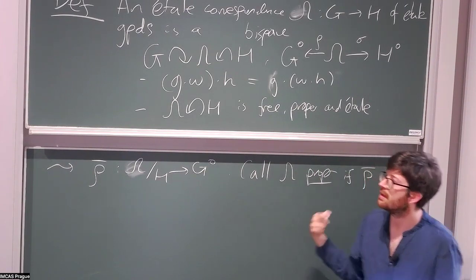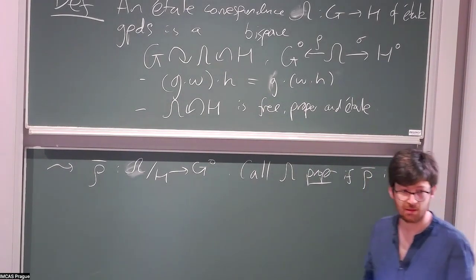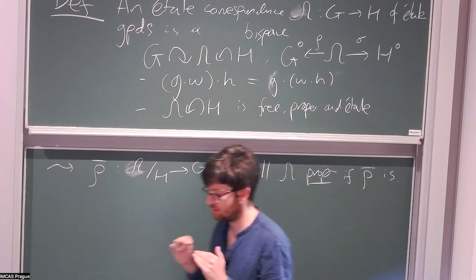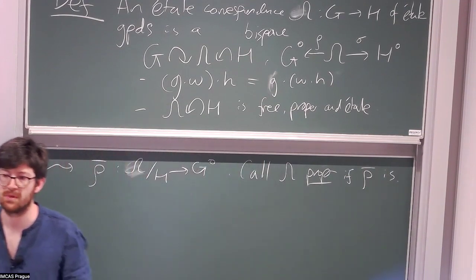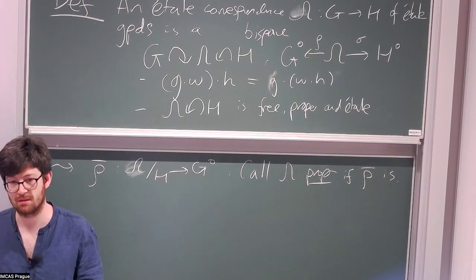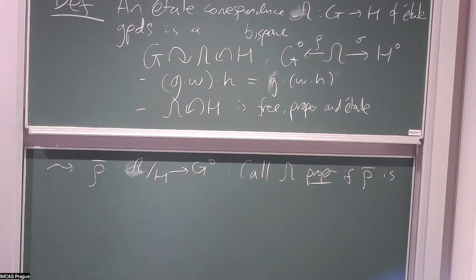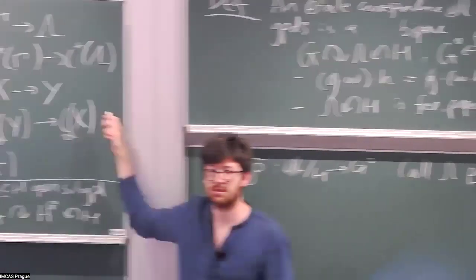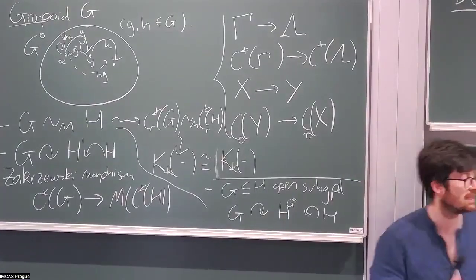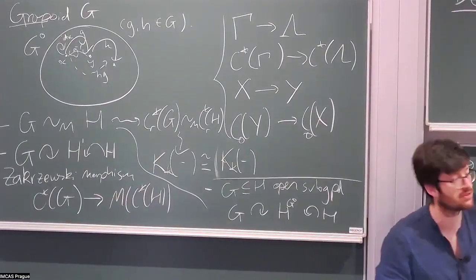This is going to be the analog of a proper map of spaces, which is what gives us something on the C-star level when we take a C-star algebra out of a space. If you have a proper map X to Y, you get a star homomorphism from the C naught functions on Y to the C naught functions on X. And it's exactly the same sort of thing going on here if we ask omega to be proper.